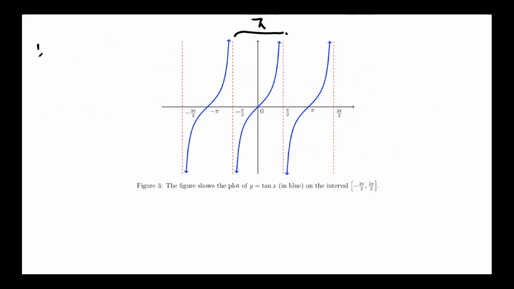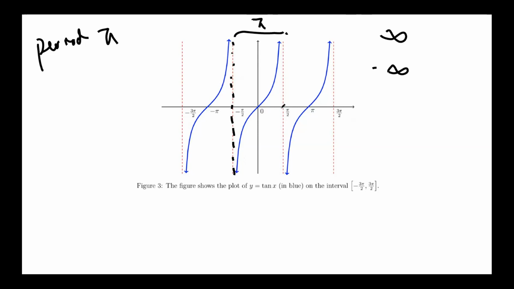So that means that the period of the tangent function will be pi. Okay, and then another thing to notice is that the graph has asymptotes. And these are the red lines in the diagram here, and those are where the graph extends to infinity or negative infinity.